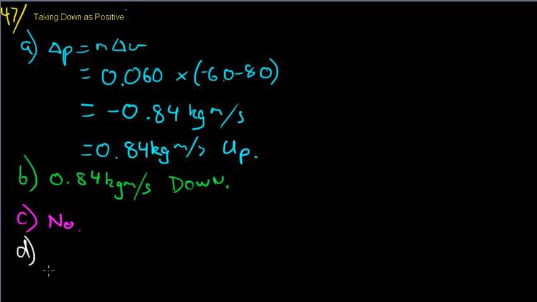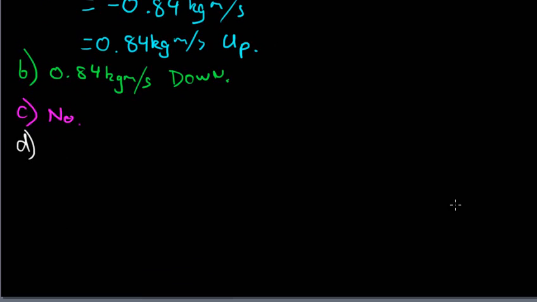Our next one, D, has a bit of working out for us. If we have a look at it, our net force multiplied by our change in time is equal to our change in momentum.